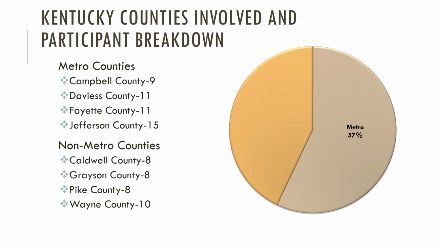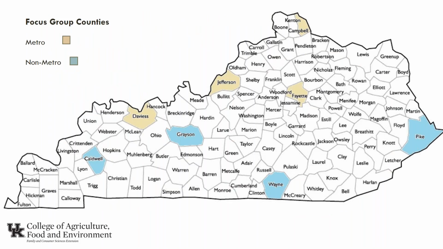So we did have 4 metro counties, 4 non-metro counties, and we actually had a bit more participation from metro counties than we did from non-metro counties, partially because they have higher populations by definition, and probably also because transportation is a little bit easier in those counties.